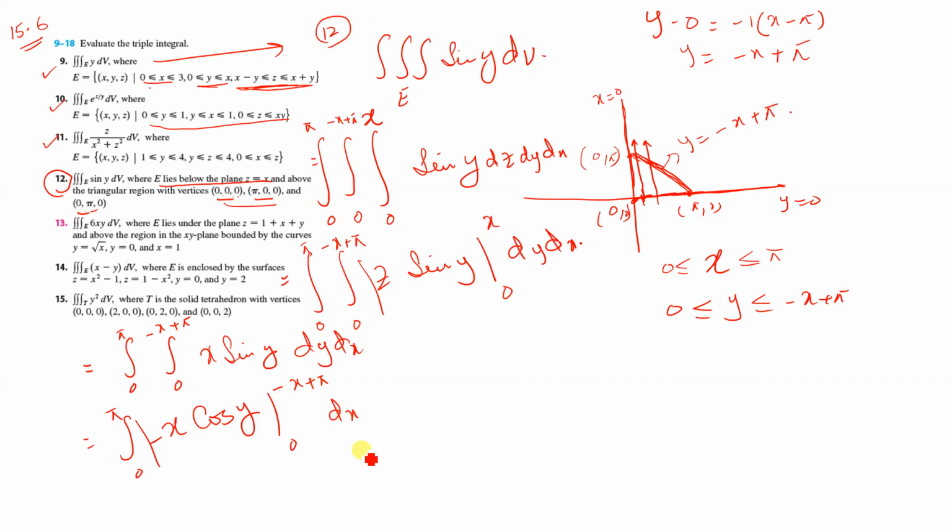Okay, so for y equal to -x plus pi, this becomes cosine of (-x plus pi), and plus that, since this is negative, so negative is positive, plus x cosine 0.